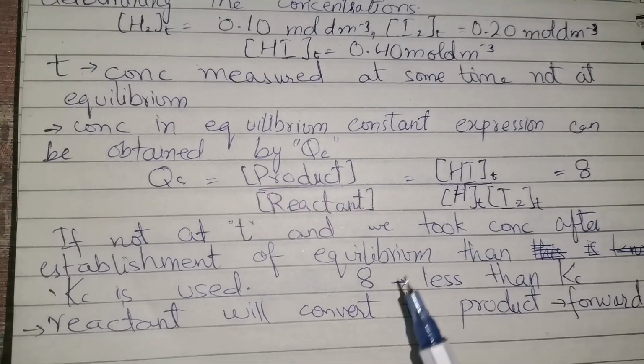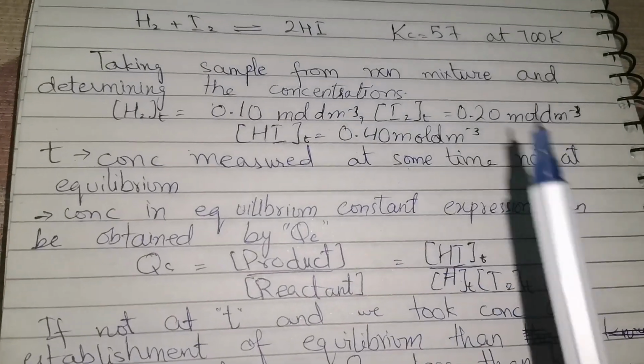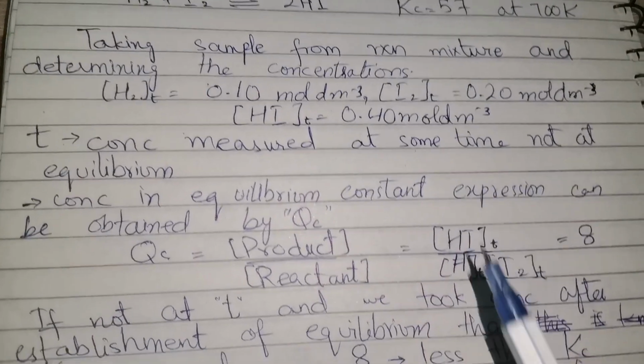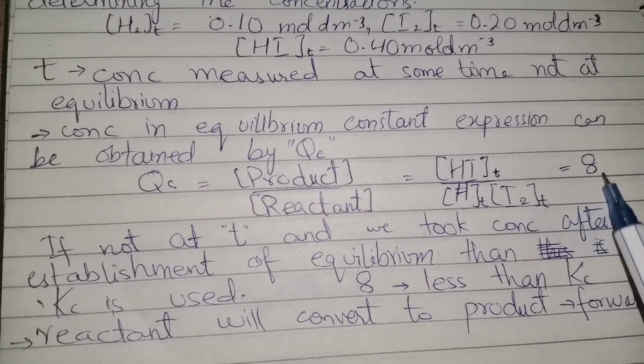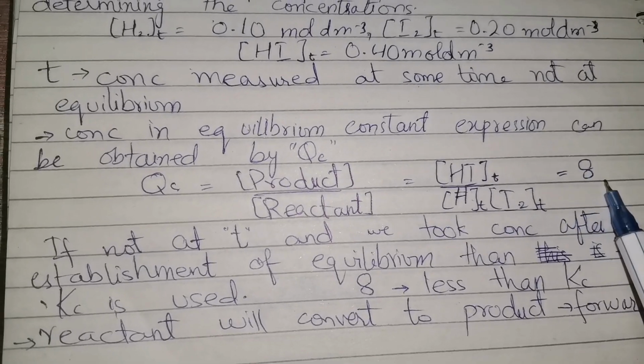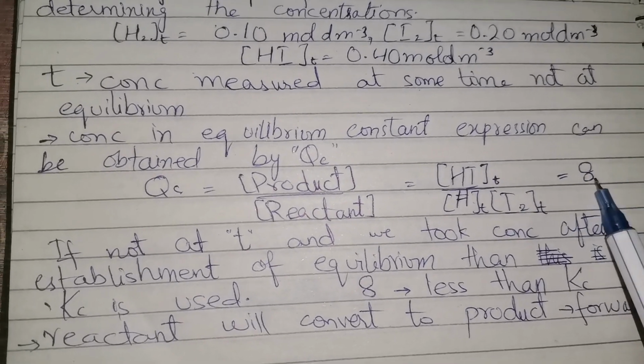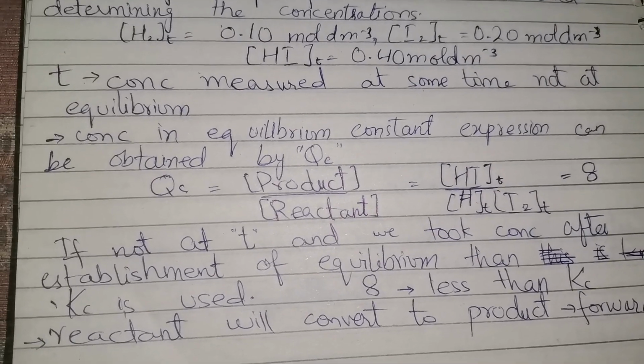Now, we can see here that Kc is equal to 57, whereas Qc is equal to 8. It means that Qc here is less than Kc, because 8 is less than 57, right?